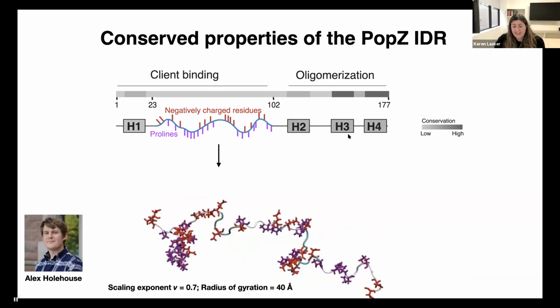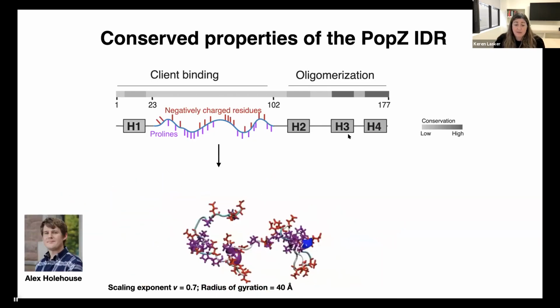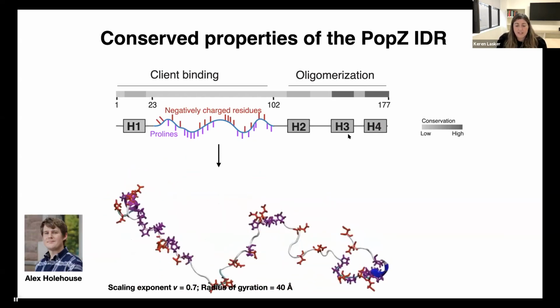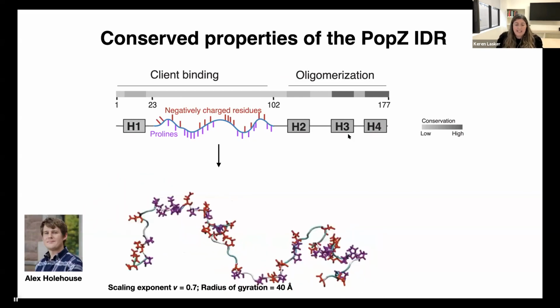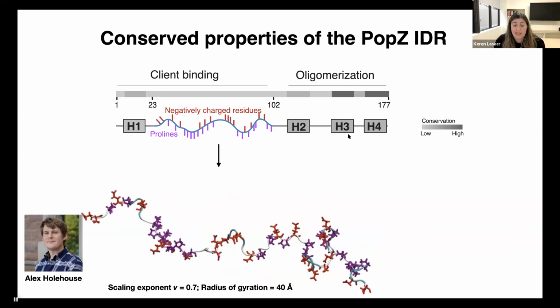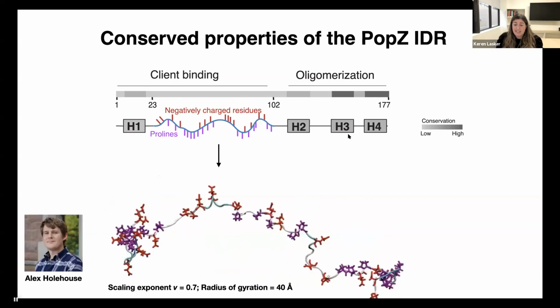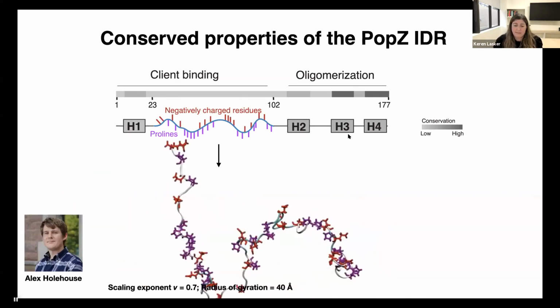So to understand why evolution maintained those 4 properties, we turned to all-atom simulation of the linker region, in collaboration with Alex Olhaus. And what Alex's simulation showed us is that these properties lead to a very high scaling exponent of 0.7, which means that it's a very extended linker and it's self-repulsive.